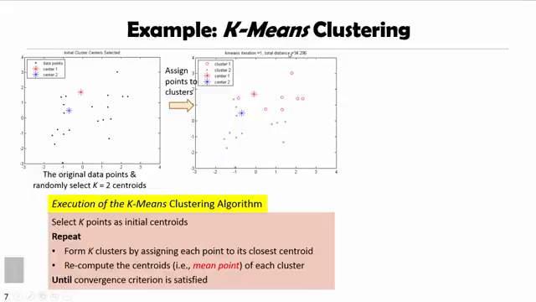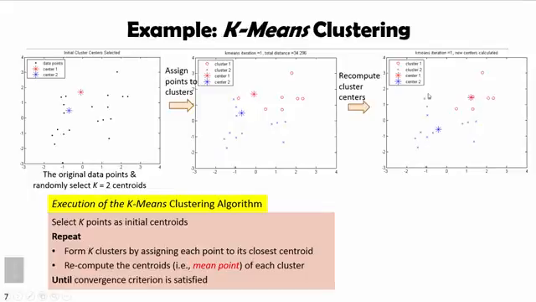Once you assign these to form 2 clusters, we need to recompute the centroids. You can see that once you recompute the red centroid, it moves down here, and the blue one is also moved. Once we recompute the centroids, we go back to reassign these points to their closest centroid.